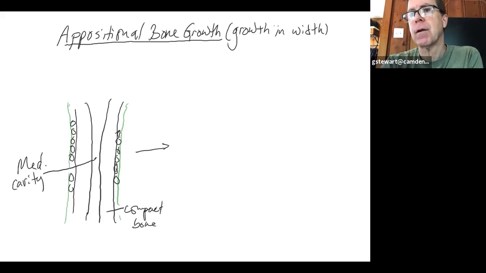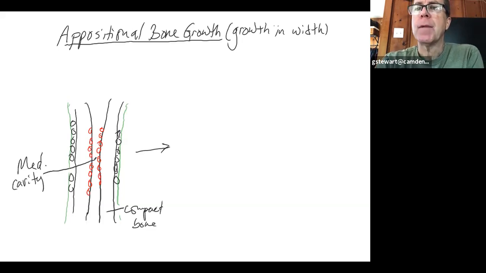So the bone gets thicker as osteoclasts, and I'll just use a different color for those cells. Let's just use red. Osteoclasts on the endosteal surface, the medullary cavity endosteal surface in here, dissolve bone.